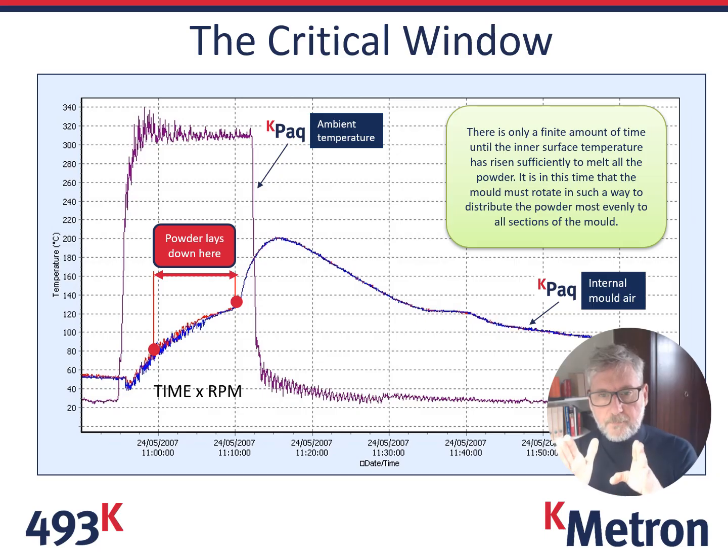So it's worth bearing in mind that there's only a short window where the rotation speed and the rotation ratios will have an impact on the wall thickness of your part. Once you go into the latter part of the oven and then into the cooling bay, the speed of rotation and the ratios will not be that critical. Therefore, it's important that you have a high enough rotation speed at the correct rotation ratio to ensure an even wall thickness distribution of your material.